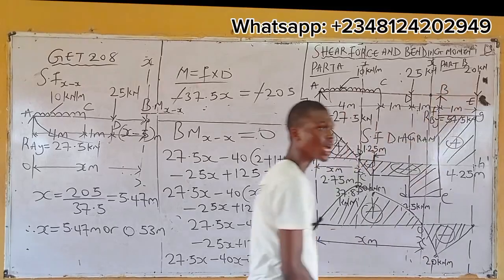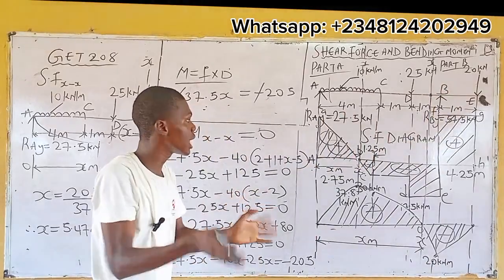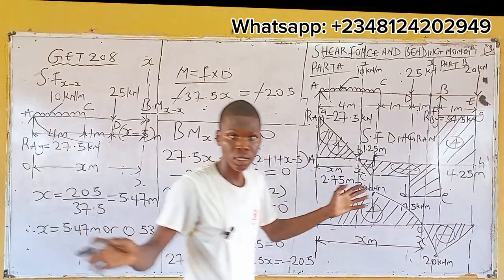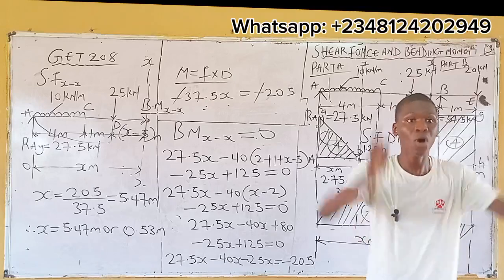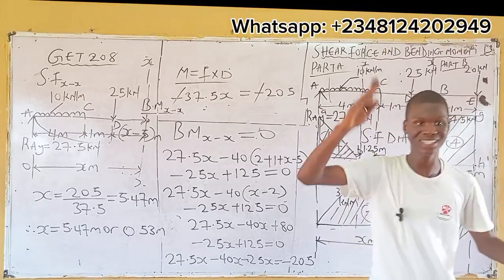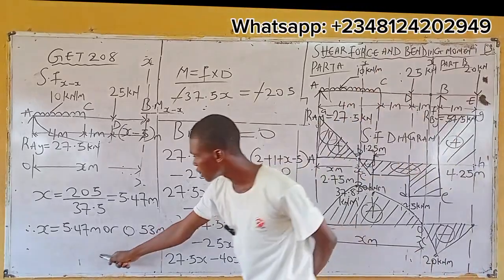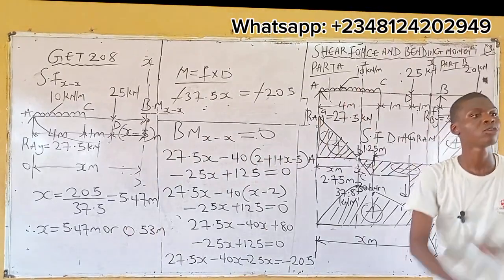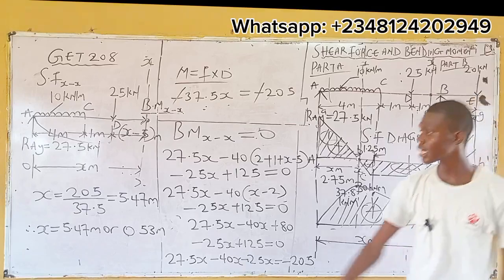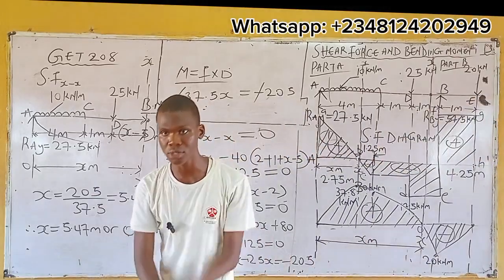Can you now see that our prediction earlier is correct? The location must be within 5 and 6. After calculation, if I'm getting 4.47, that's totally wrong. Getting 6.47, you are wrong.